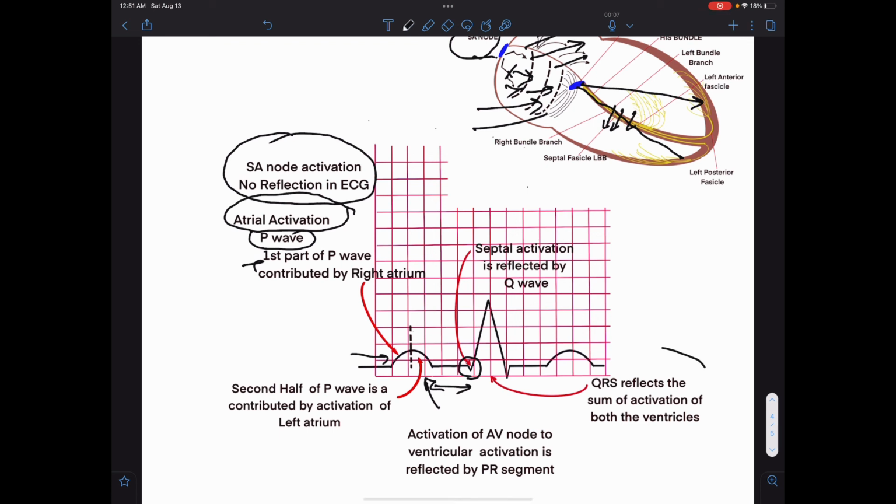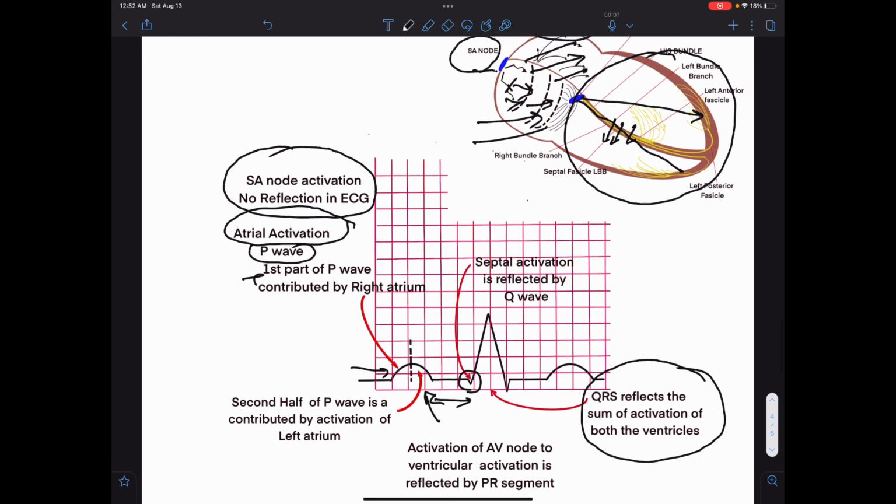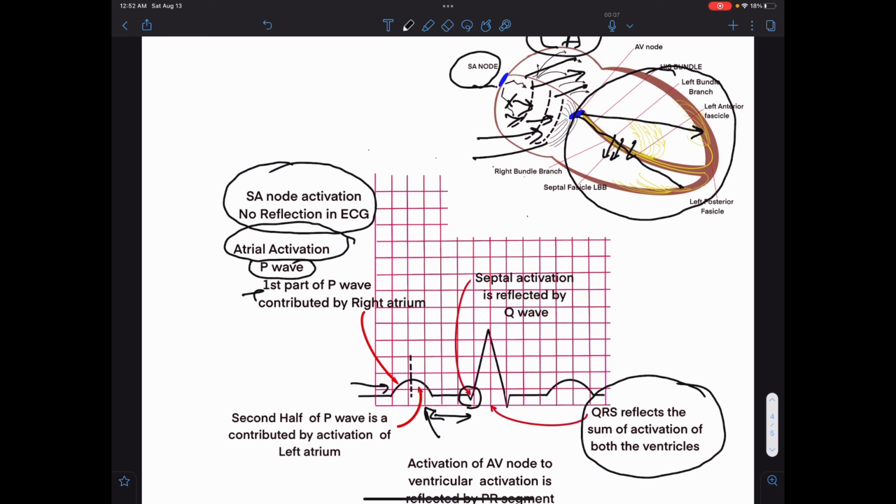The QRS reflects the sum of activation of both the ventricles. So, if you see, the activation of some parts are reflected by waves and the other parts are not reflected by any waves but only the isoelectric segments.